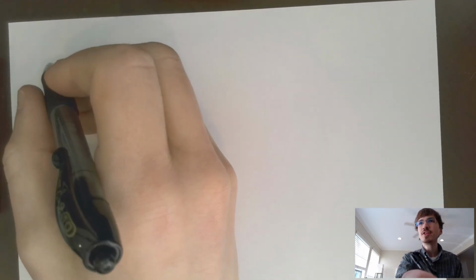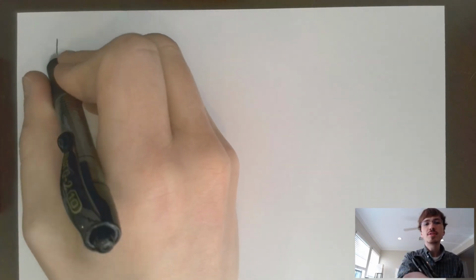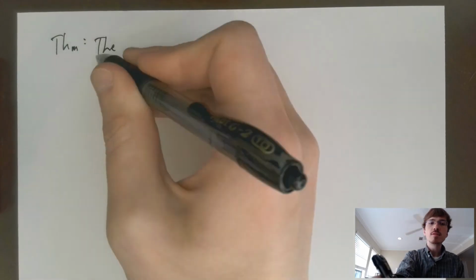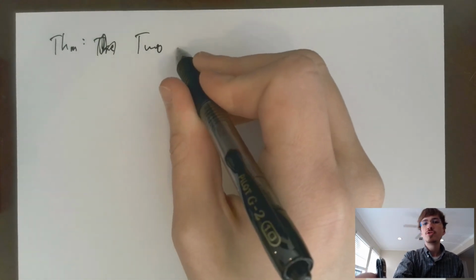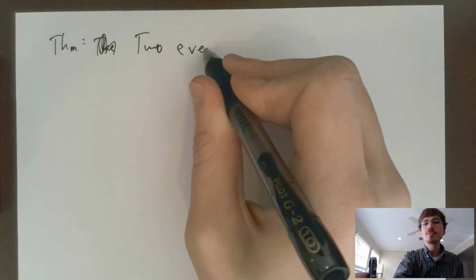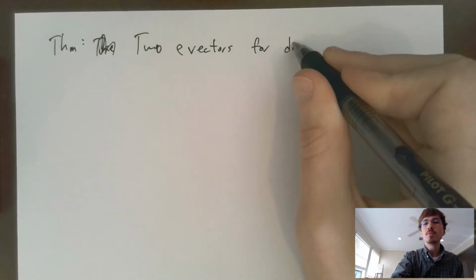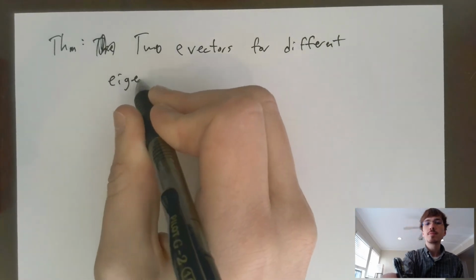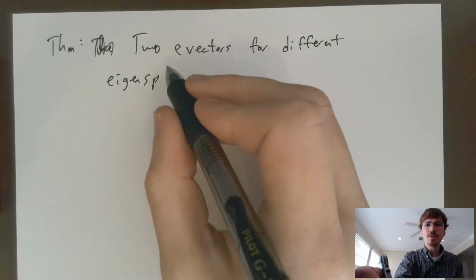All right. Before we move on to diagonalization, let's finish up a discussion I don't think that we did in the previous video. Eigenvectors from different eigenspaces, which means that the eigenvalue associated with the eigenspace is different.